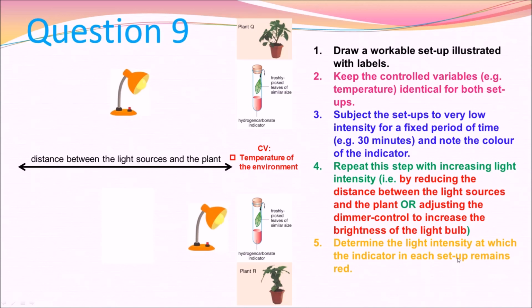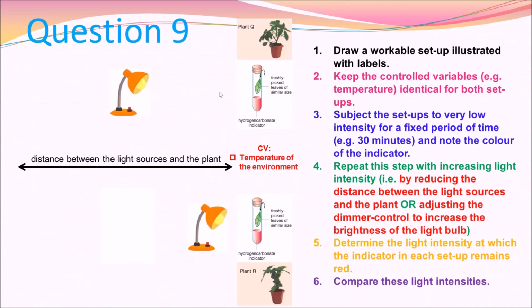That means they attain the compensation point. Finally, compare the light intensities. For plant Q, the longer distance means lower light intensity, and for plant R, the shorter distance means higher light intensity. So the compensation point of R is higher than the compensation point of Q. So you can compare it.